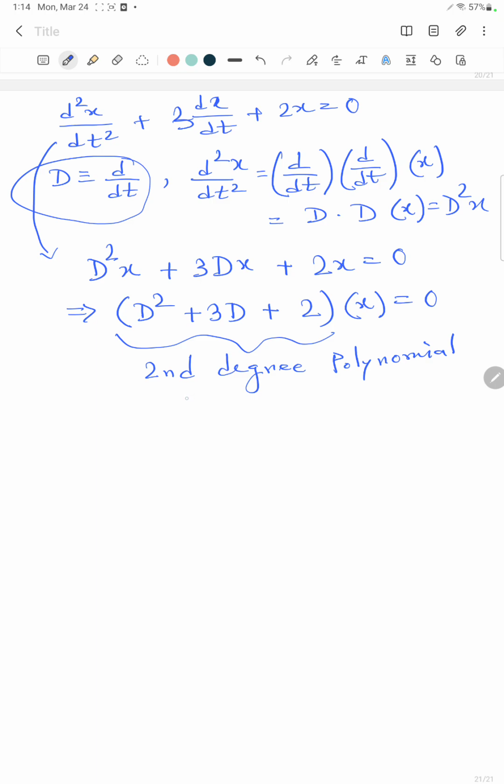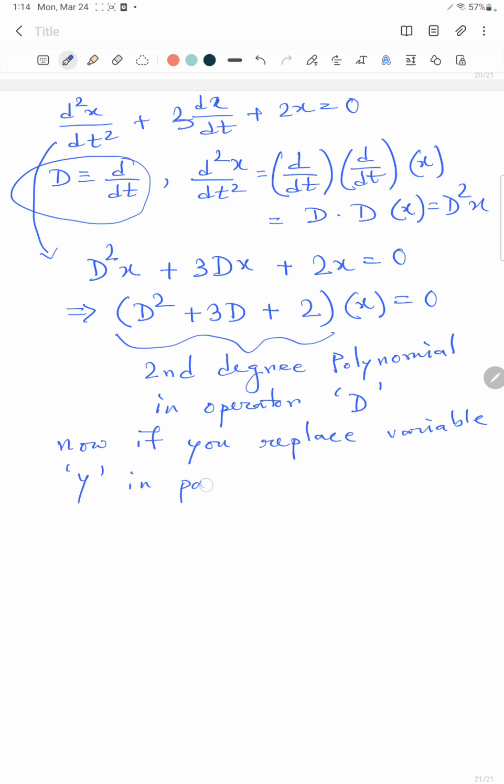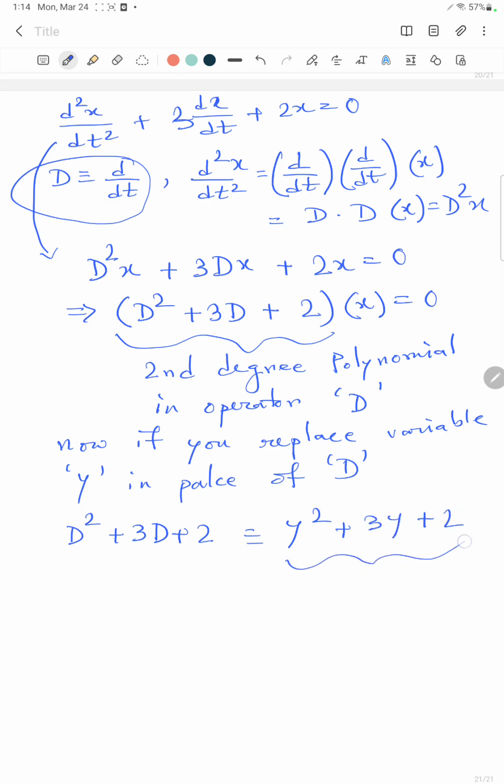So this is a second degree polynomial in operator D. Now if you replace a variable y in place of capital D, you will simply get this D2 plus 3D plus 2. This factor you can write as y square plus 3y plus 2. So what is this? This is actually a second degree polynomial.